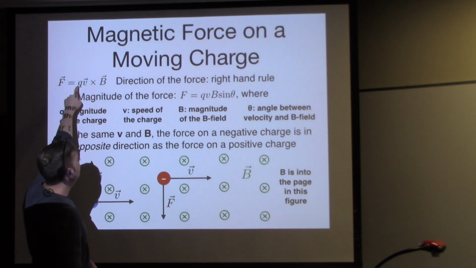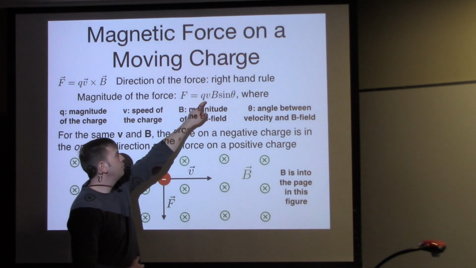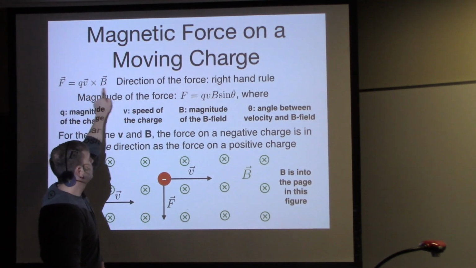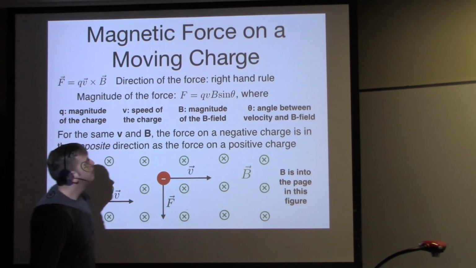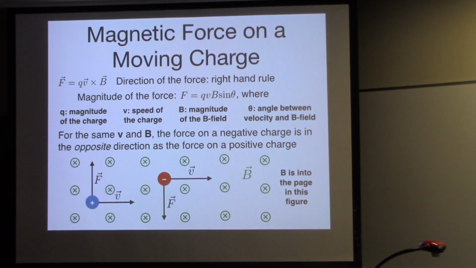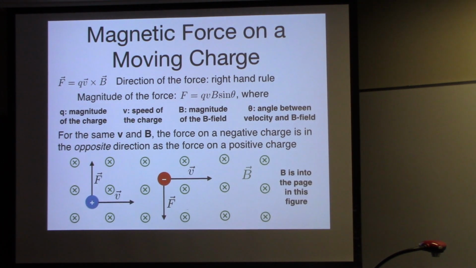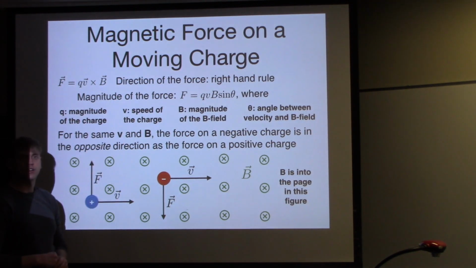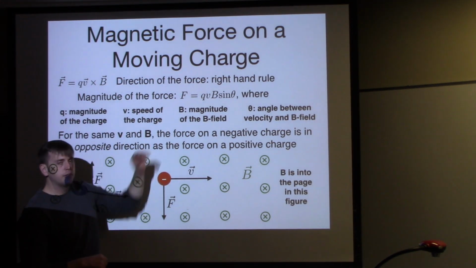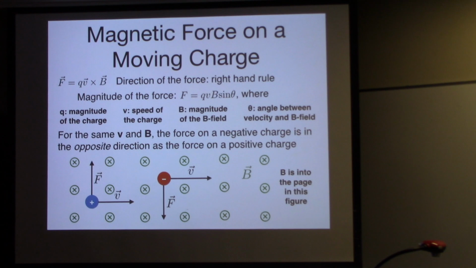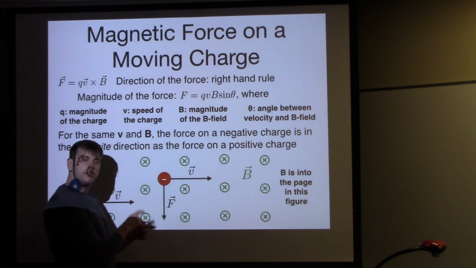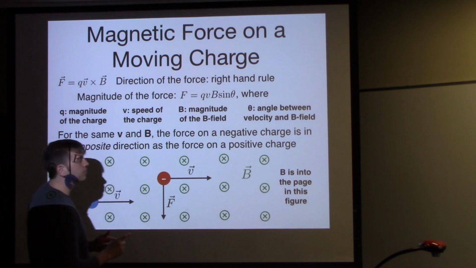We take Q times the magnitude of V times the magnitude of B times sine of theta, where the following are the variables here. We have Q, that's the magnitude of the charge. V is the speed of the charge, how fast it's going. B is the magnitude of the B field, or the strength of the B field. And then theta is the angle between the velocity vector and the B field.